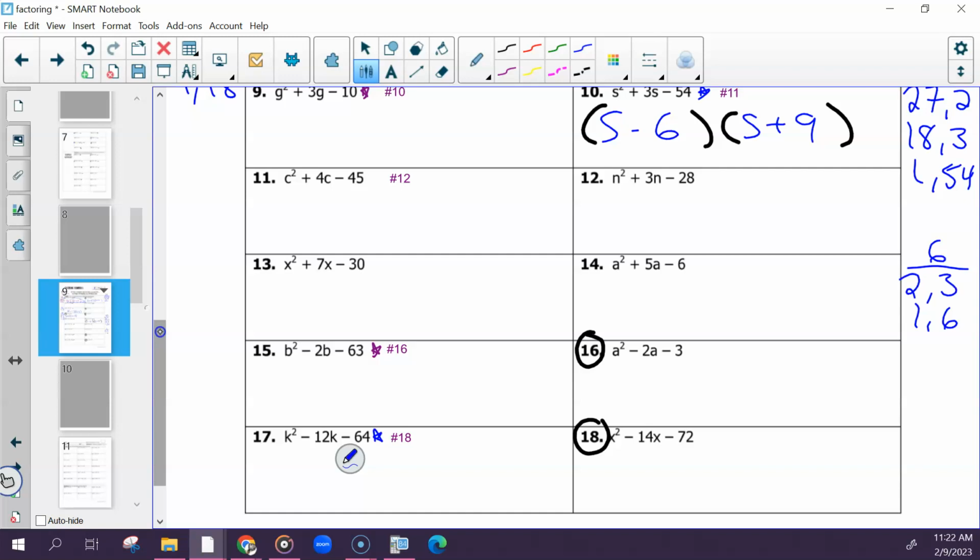So be careful with those because they're there to throw you off. So either 1 or 6 has to be negative. 1. So how would we write those factors? Questions on those?